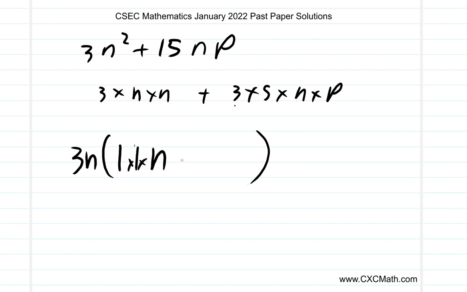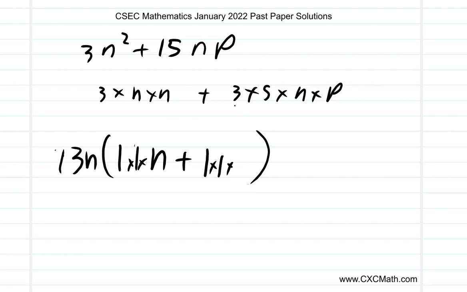Alright? Plus 3 times what you're going to put here is 3. So it's 1. n times what you're going to put here is n. So this is 1 times. Alright. You can consider that this is 1.